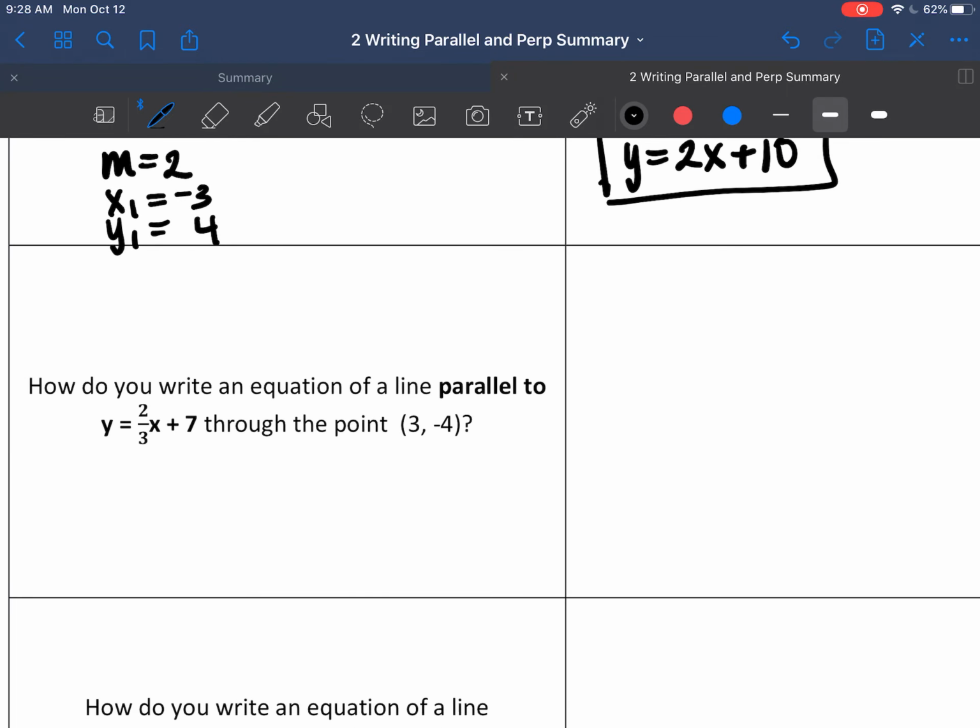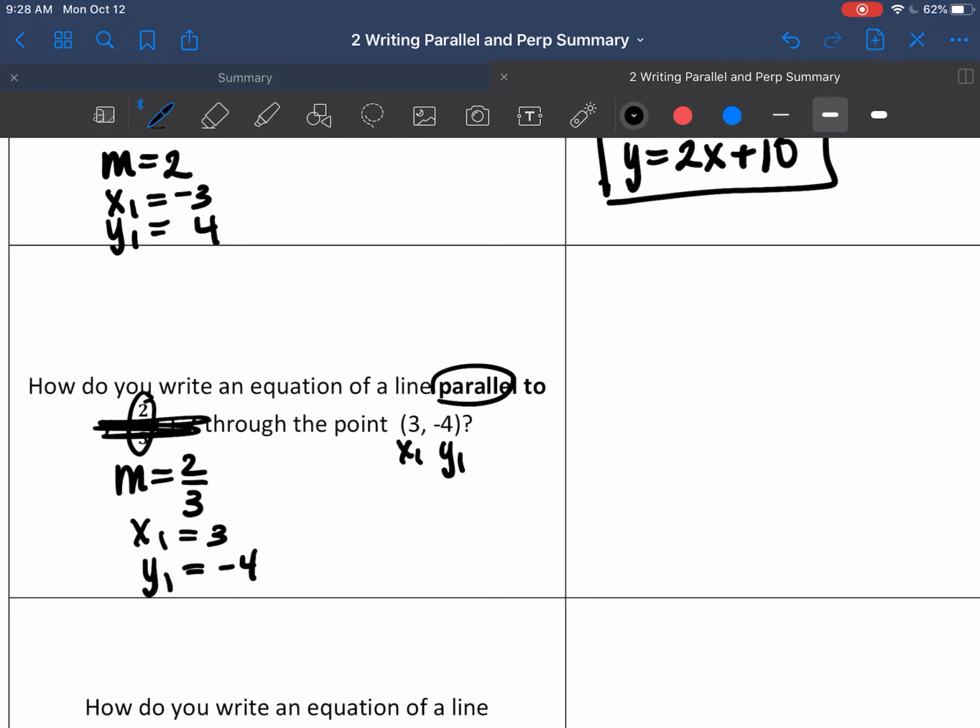Okay, so similar situation here. We want a graph that is parallel to this line. So steal the slope, which is 2/3, and then don't look at it anymore. And then we've got a point. And so we can use our point slope, y minus the y equals m times x minus the x.